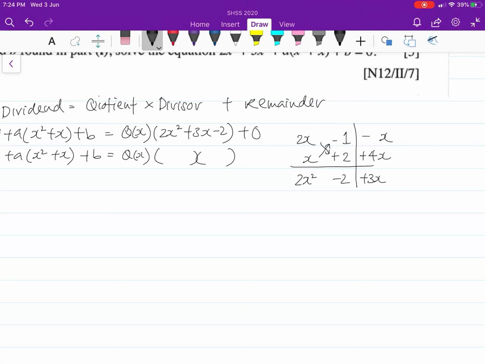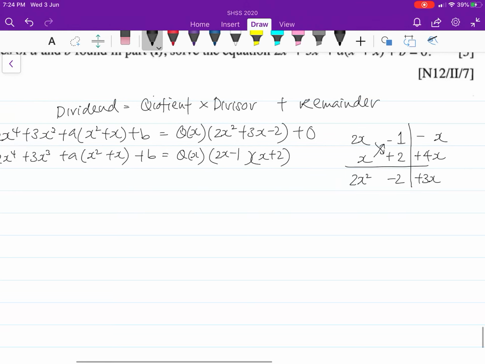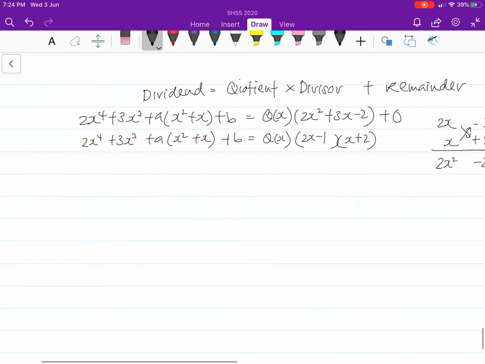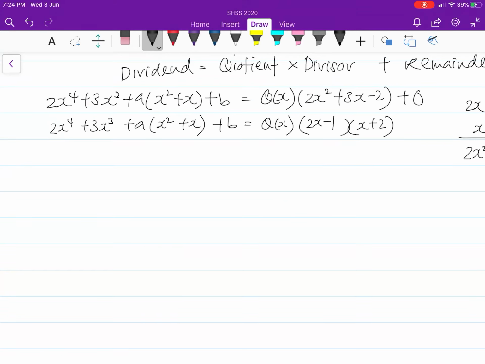Alright, that's the factorization. You get 2x minus 1, x plus 2 equals to 0. From here, immediately it should become very clear to you that you should use smart substitution.